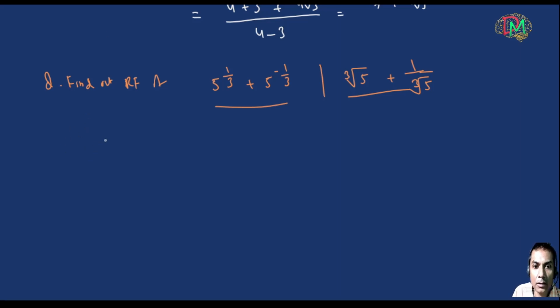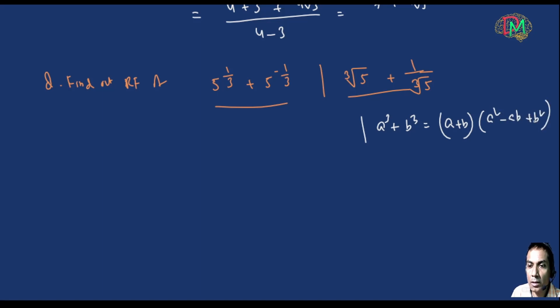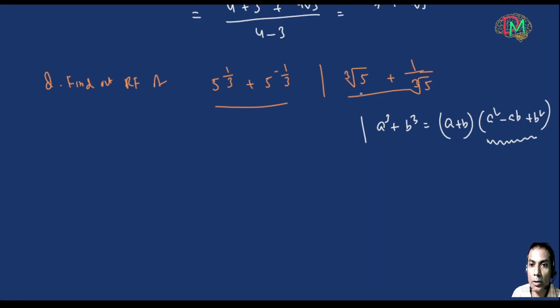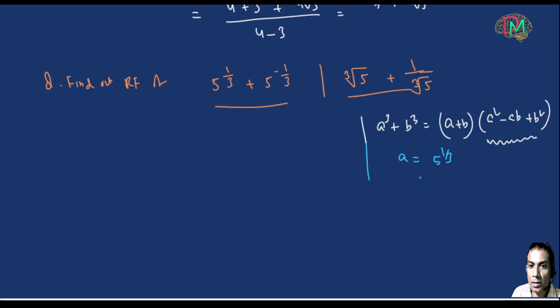First, by looking at this cube root, we have to apply a formula, the algebraic identity a cube plus b cube is equal to a plus b into a square minus ab plus b square. Assume that a is equal to cube root of 5, that is 5 to the power 1 by 3, and b is 5 to the power minus 1 by 3.